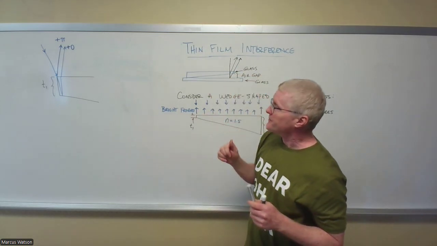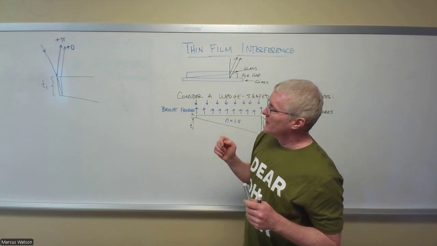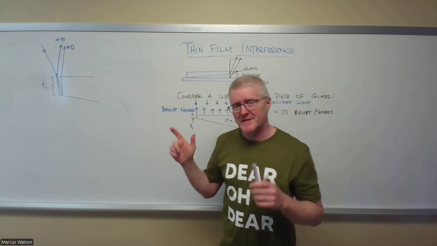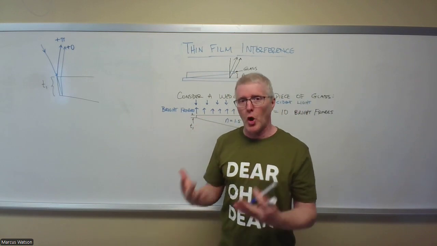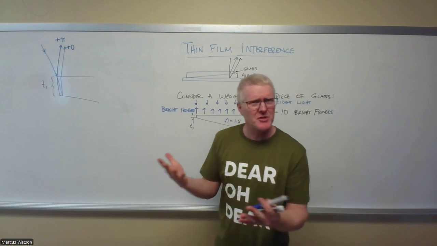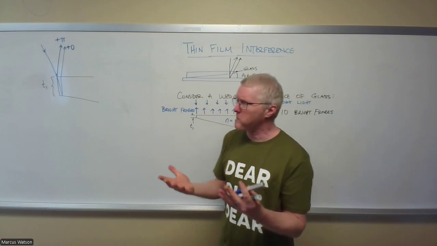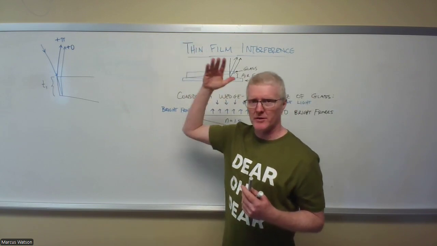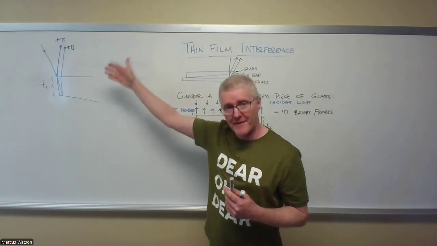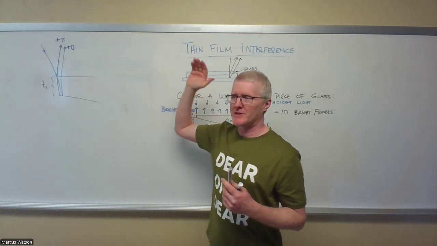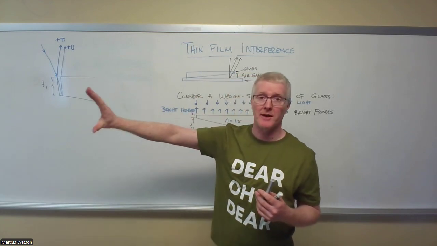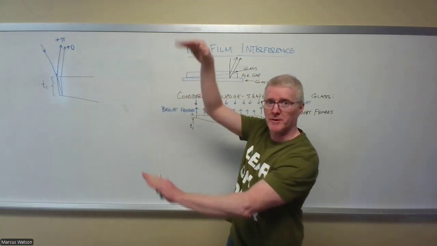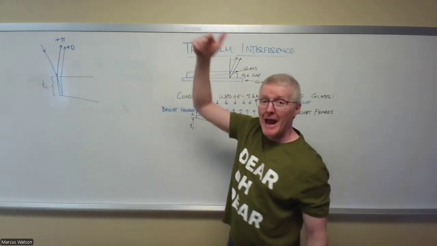So in this case, we're dealing with waves that are, in general, already set up to destroy each other. This is how I consider it. I look at these waves and I say they're coming out already half a wavelength different. So their tendency just from this part is that they are trying to destroy each other.